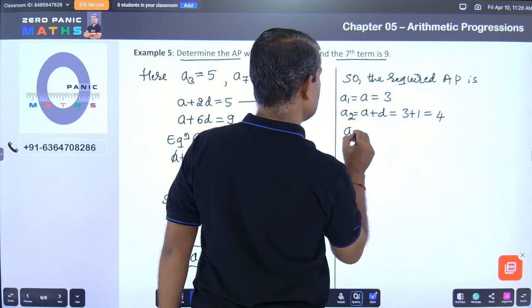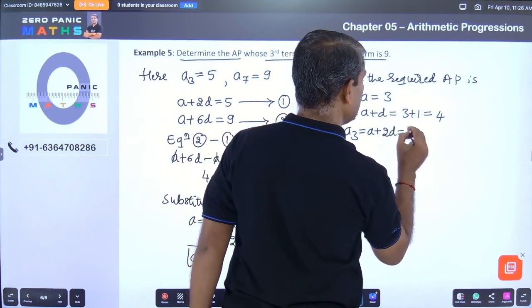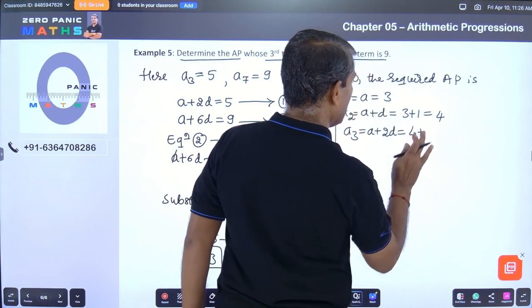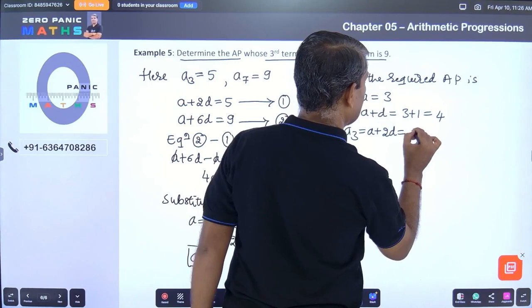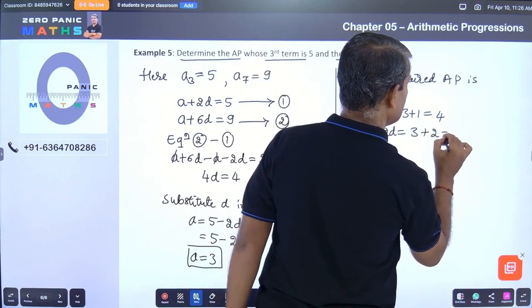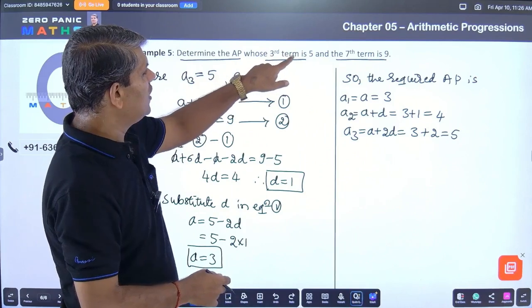And a3 is equal to a plus 2d, and what is a plus 2d? That is 4 plus 1, or else it can be calculated from the first term, a plus 2d, that is 5, and that is already given here. See, third term is 5.